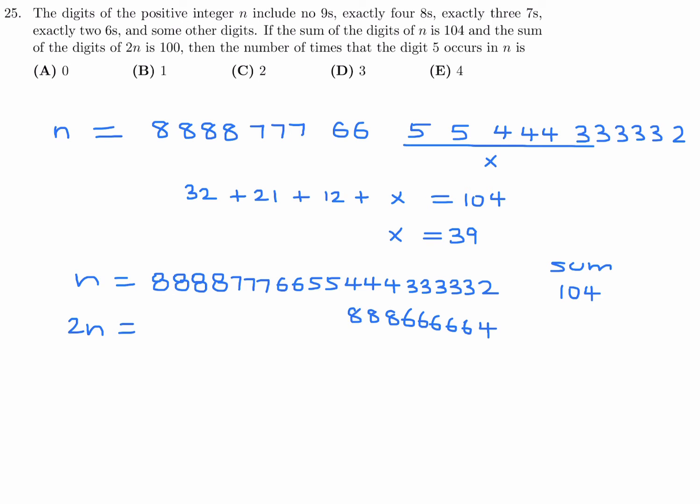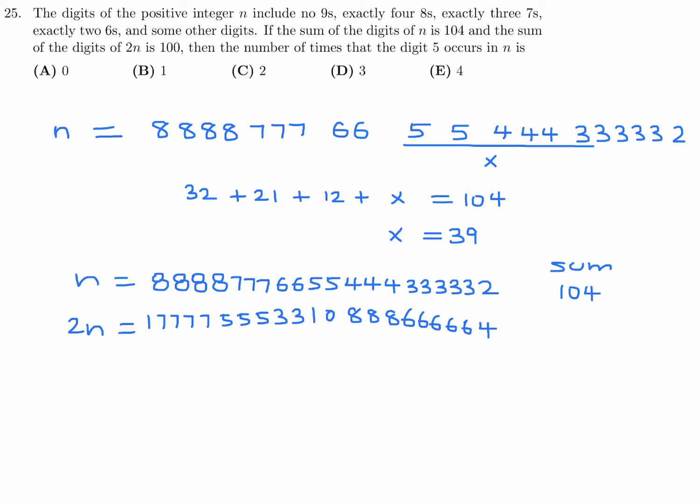Now you've got a 5, so there's going to be a 0 and a carry of 1. 3, 3, 5, 5, 5, 7, 7, 7, 7, 7, and then a 1. So that is my 2n.